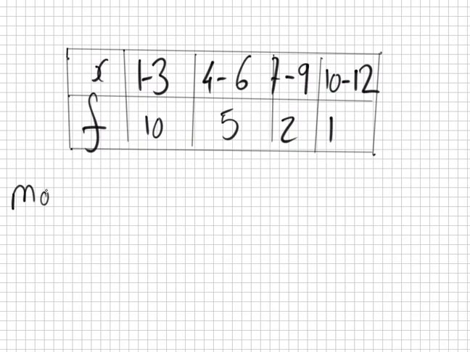What's the mode here? Yeah, but you can't, that's not a number. Yes, good. So you don't say 1 to 3, you use the middle of that, and the mode here will equal 2.